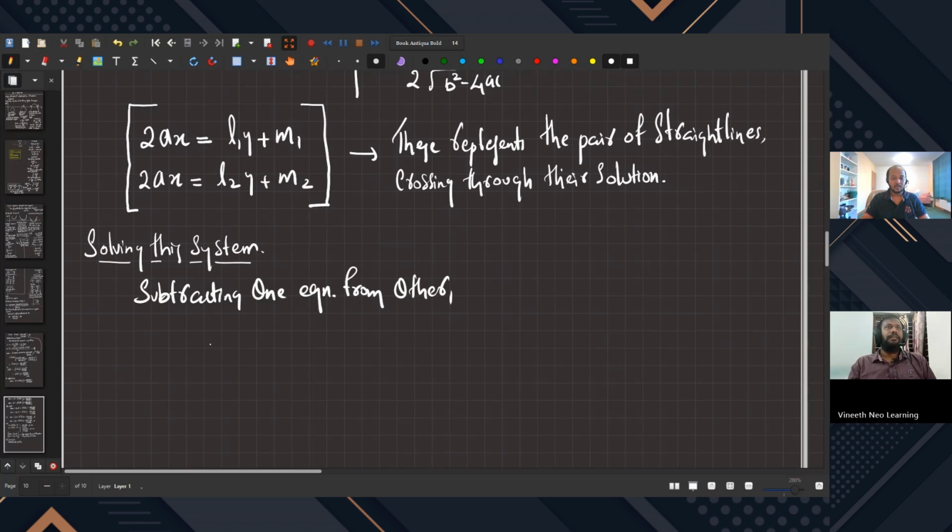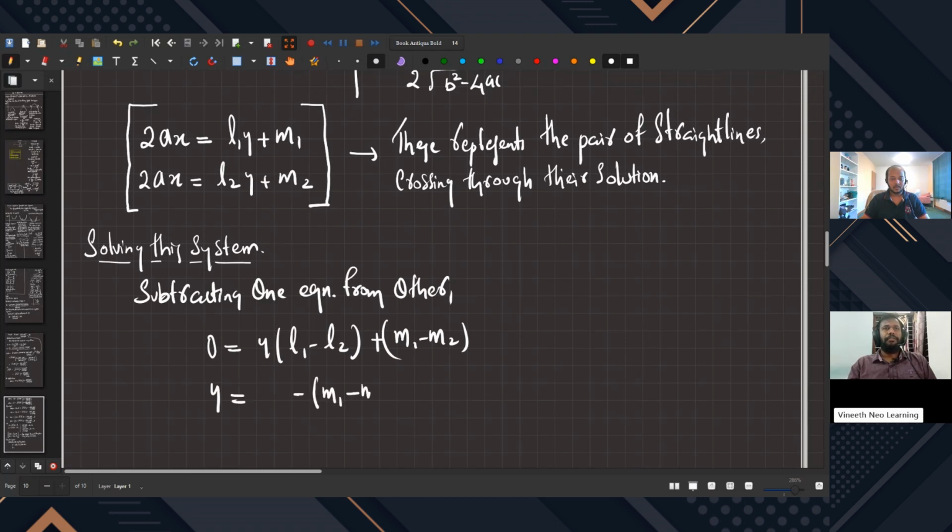We get 0 equals y times L1 minus L2, plus M1 minus M2, isn't it? Yes. Okay, so y becomes minus M1 minus M2 by L1 minus L2.